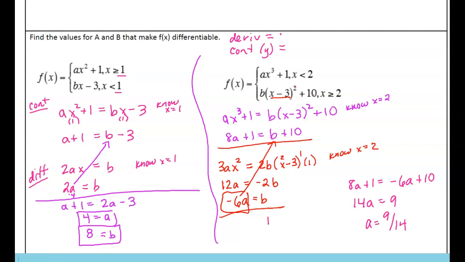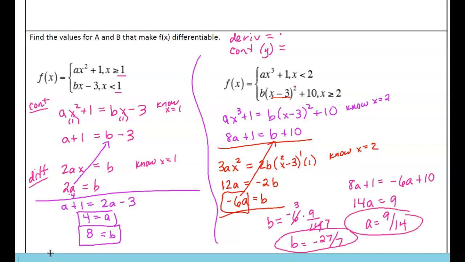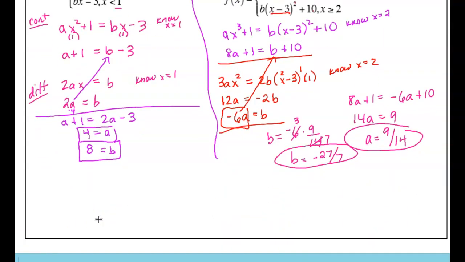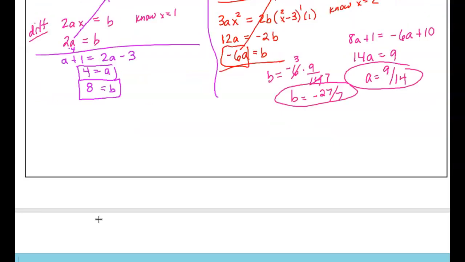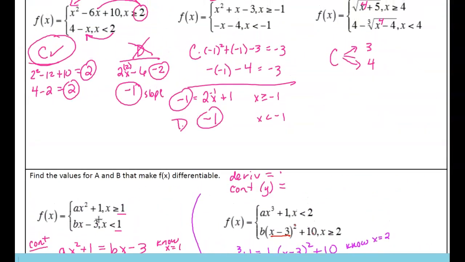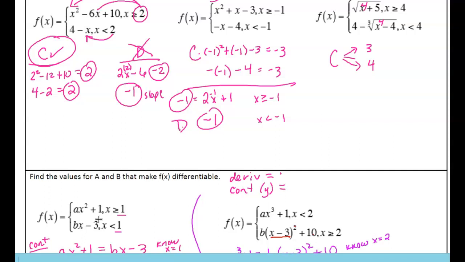So b equals negative 6 times a. So divide by 2. So b equals negative 27 over 7. Okay. And there we go. So you go ahead and give it a try and see how you do.